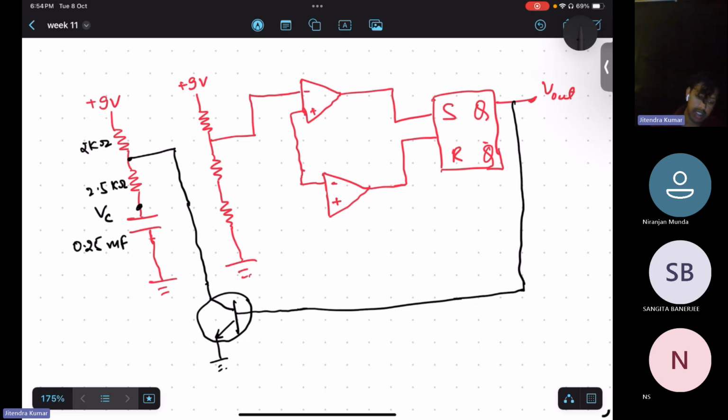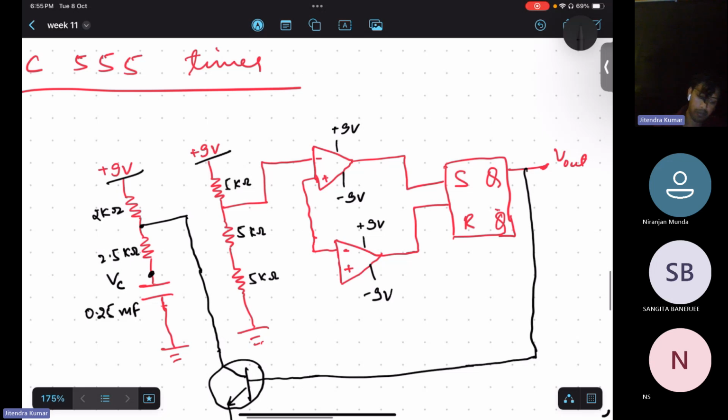And in the second branch, all resistance values are 5 kilo ohm, 5 kilo ohm, 5 kilo ohm. And these are connected to plus 9 volt, minus 9 volt, plus 9 volt. So whatever the supply is there, this plus 9, plus 9. So this is how the IC555 A-stable multi-vibrator circuit is given.